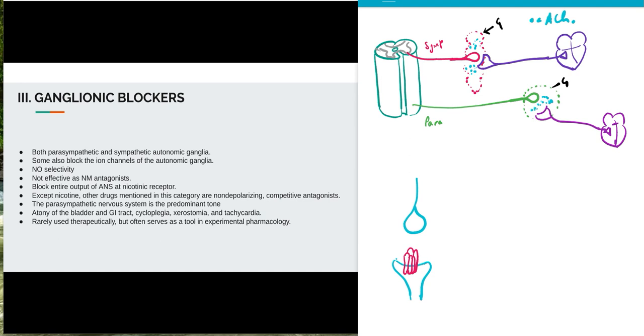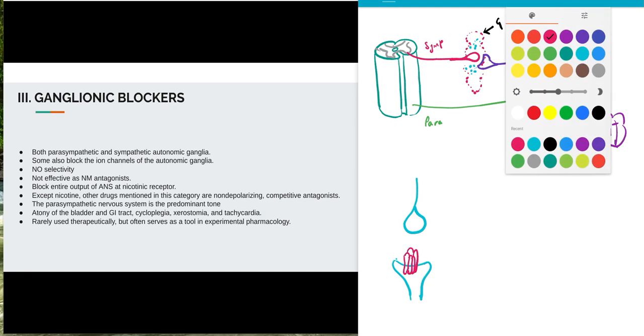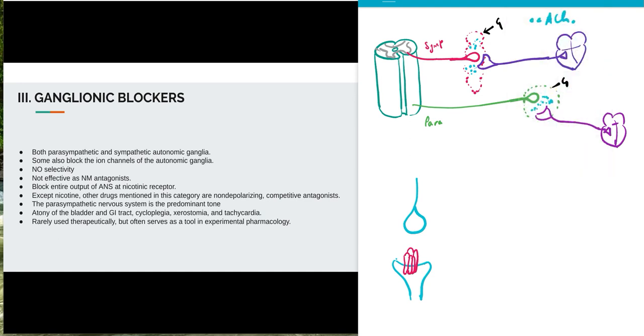This ion channel had a nicotinic receptor. So when acetylcholine binds to this nicotinic receptor, this ion channel will open, and when the ion channel opens, sodium and other ions get inside, causing depolarization over here.